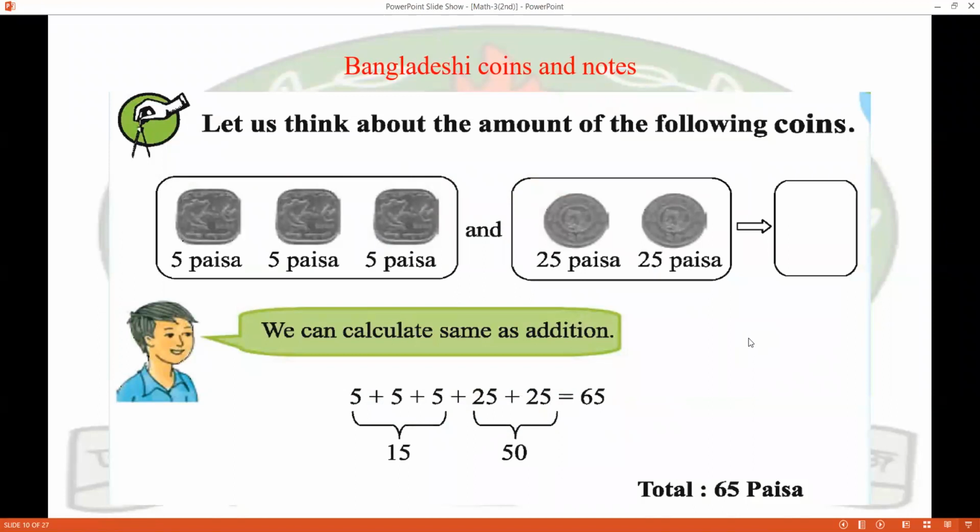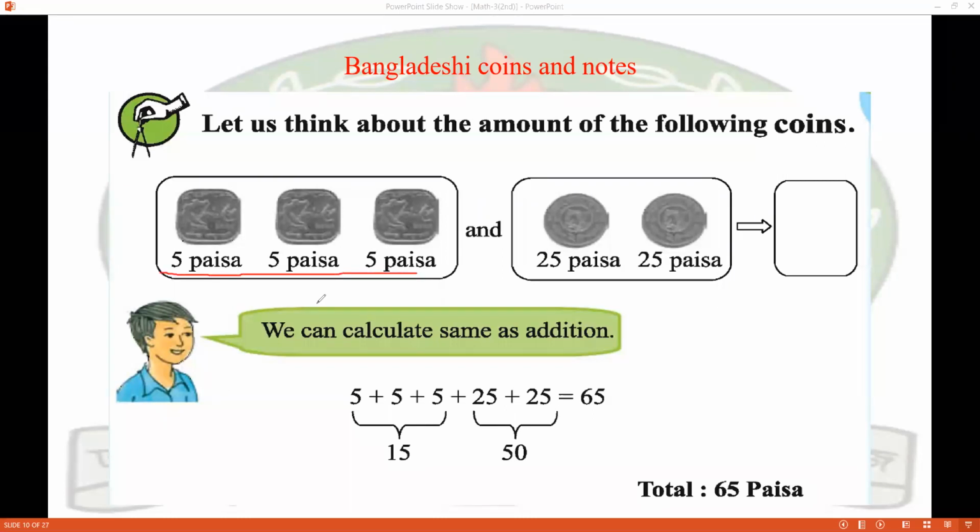So here let us think about the amount of the following coins. You find that in the first box there are 3 5 paisa coins, and in the second box you find that 2 25 paisa coins. How many paisa will be there? You have to write in the backend box. So we can calculate there are 3 5 paisa.